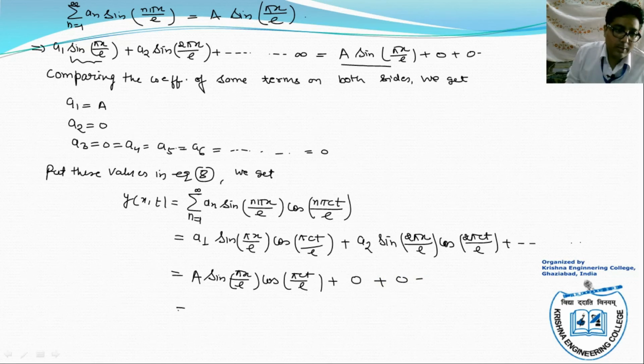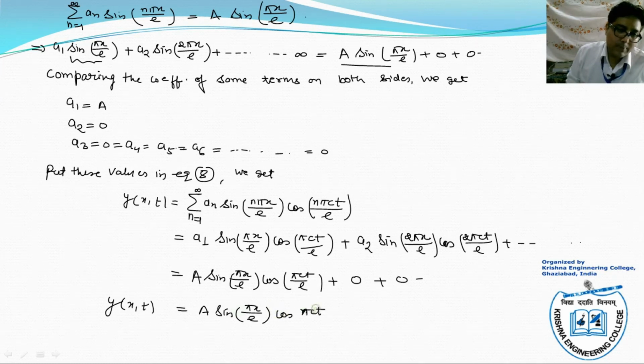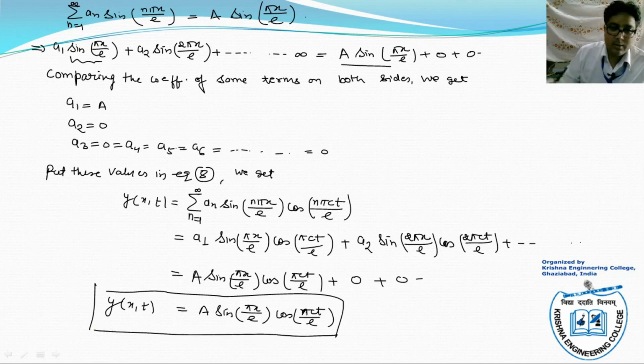So we get the solution y(x, t) is equal to a sin(pi x by l) cos(pi c t by l). This is the required solution of the given problem. Clear? I hope you understand this problem very well.